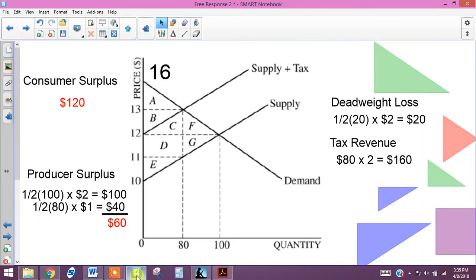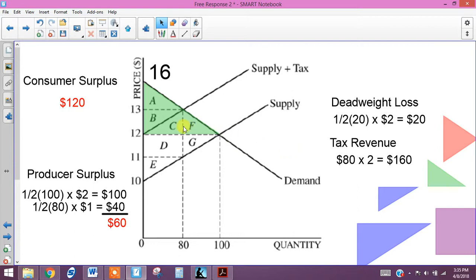I've got that graph here, and the consumer surplus is going to be this area right here. The area that is above the price but below the demand curve, or the marginal benefit curve. Remember, demand is the same thing as marginal benefit.